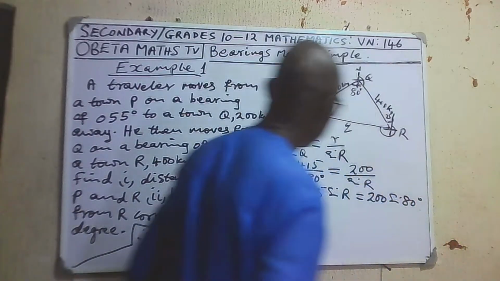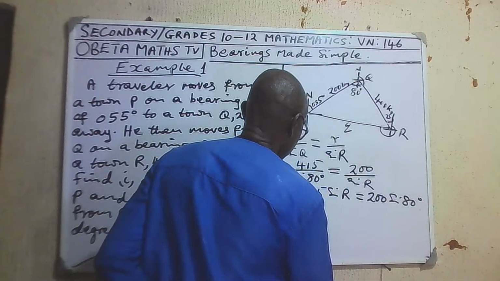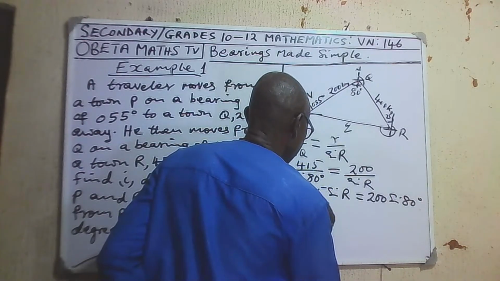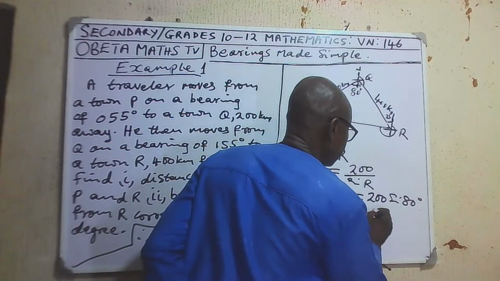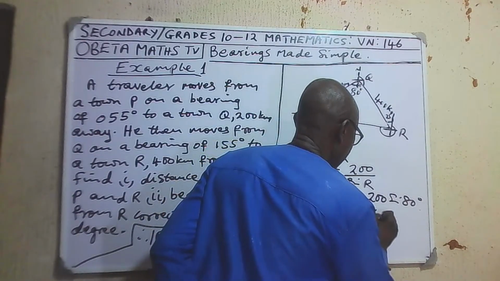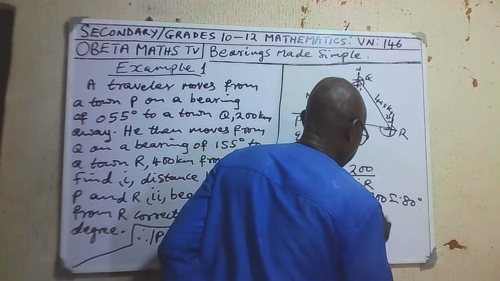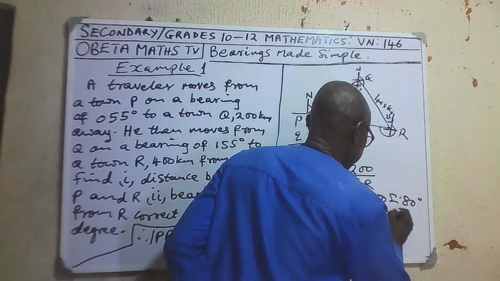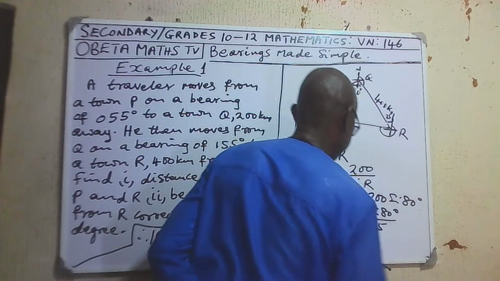Again, we have to use our calculator, but before then, we know that from here, sine R should be equal to 200 multiplied by sine 80, all over 415.